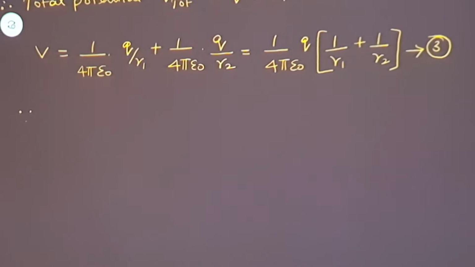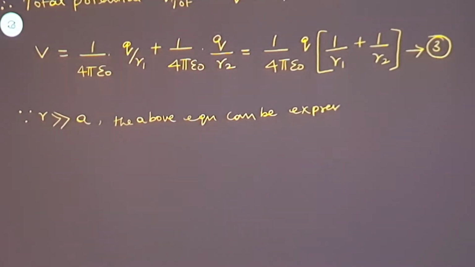Since the distance R, from point O to point P, is taken to be very much greater than the semi length of the dipole A, the above equation can be expressed in terms of R alone. How can I do it?